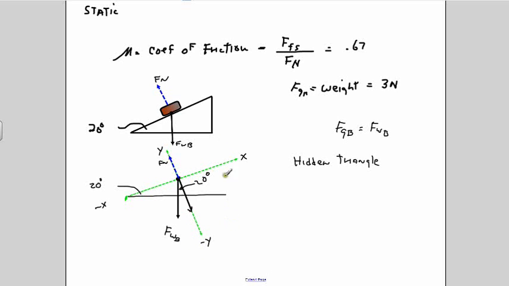Now, I hope it's obvious from looking at it that the largest force is the force of the weight. Everything else is less. Therefore, this is going to become a hypotenuse. The force normal is less. As we start to tilt up, that force normal gets smaller and smaller and smaller.